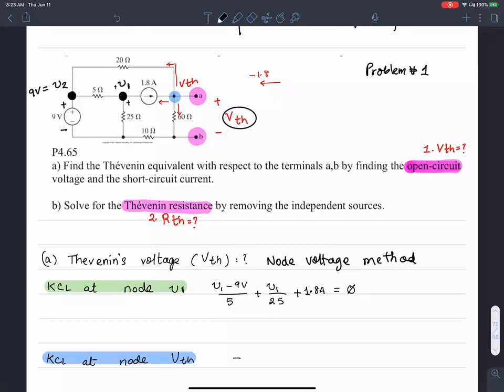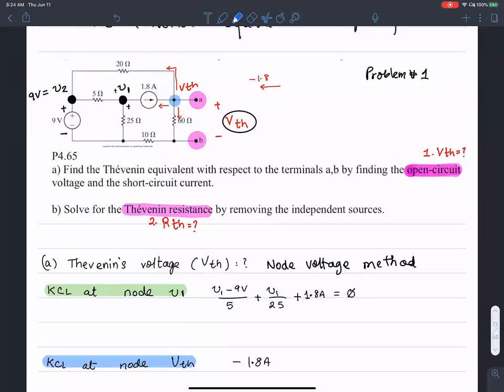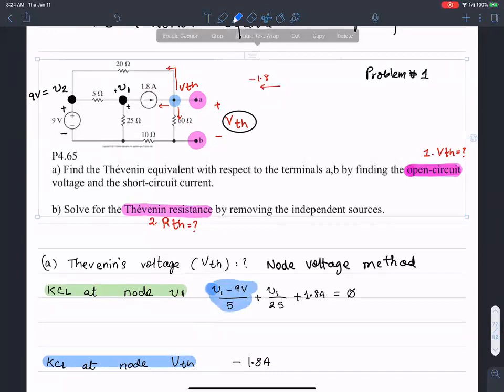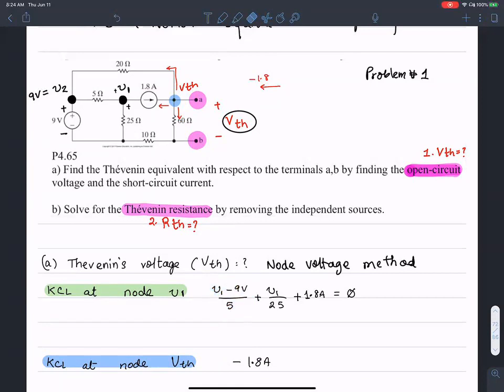I already have it to be 1.8 amperes, right? Exactly. So we don't need to worry about going across any resistance from VTH to V1. Correct. If you think about it, all of this is simply the current. Voltage over resistance is the current. But fortunately, I have that number already here.